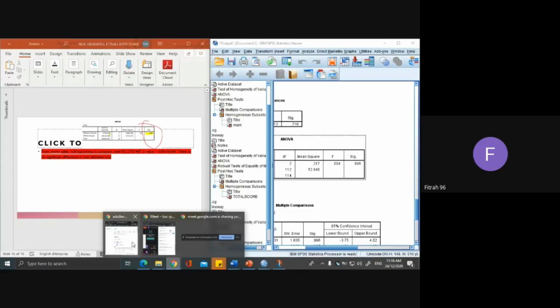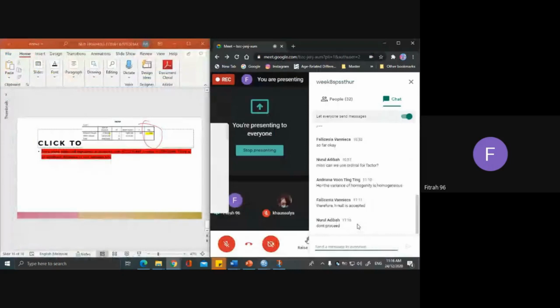Okay, cannot proceed. Okay, betul ya Adibah. We don't proceed. So, what option? Kita akan berhenti dekat sini kan? Since kita tak proceed with the post hoc, so kita just cakap there is no significant difference.